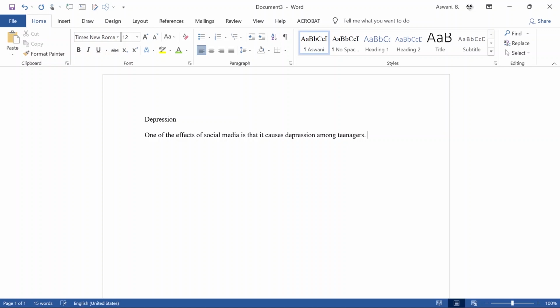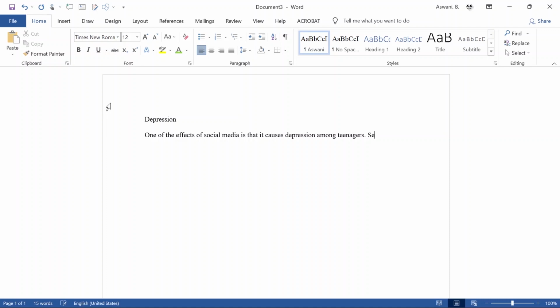Full stop. So the following sentences, after this one, should now be explaining the idea. How does it cause depression? So sentence number 2 will be explaining, number 3 explaining, number 4 explaining, and number 5 may be giving us the most important thing about this idea. What is the most important thing about the idea?